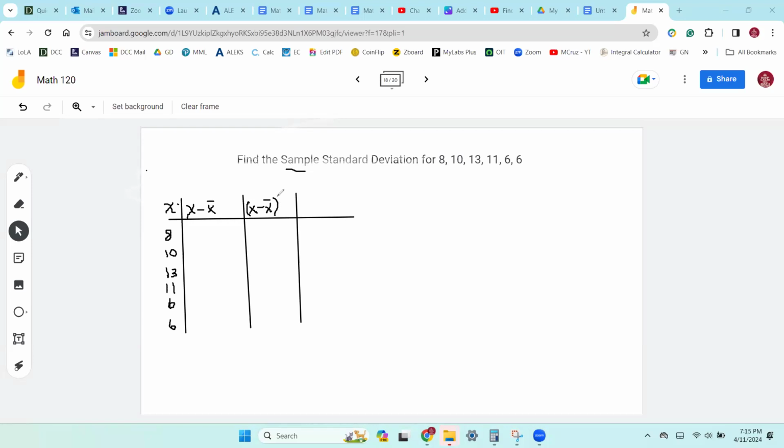It looks complicated up here, but don't get too upset. Now, what we got to do is find the mean.